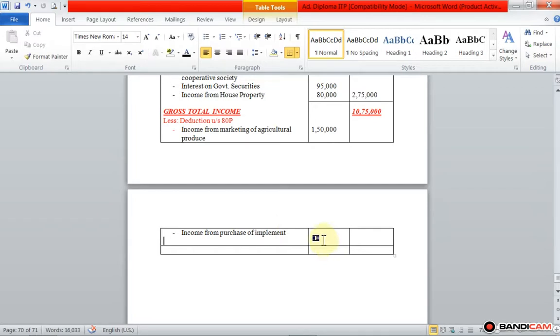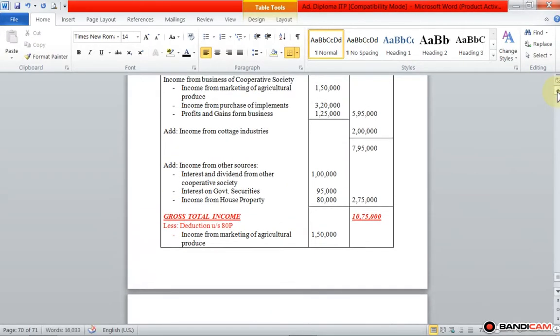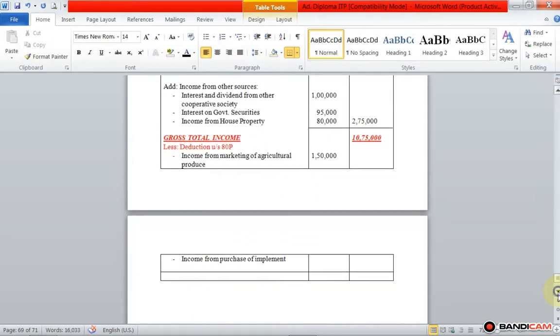Then the whole amount is allowed for a deduction. So here income from purchasing implements is 3,20,000.